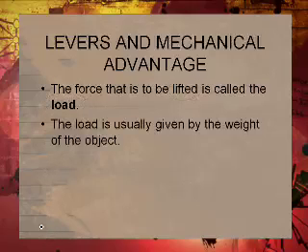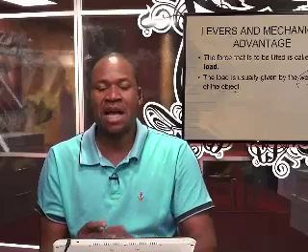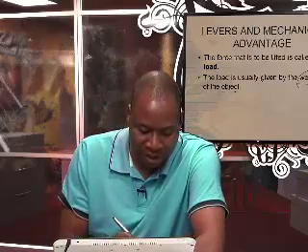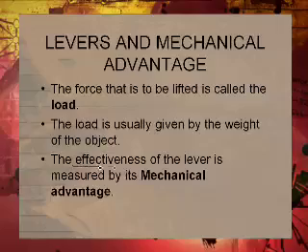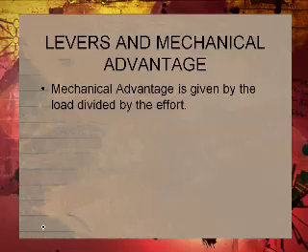Now, the load is usually given by the weight of that object, because most of the time we are lifting things up. So the weight of that object becomes the load. The effectiveness of the lever is measured through its mechanical advantage. How do we work that out? Mechanical advantage is given by the load divided by the effort.